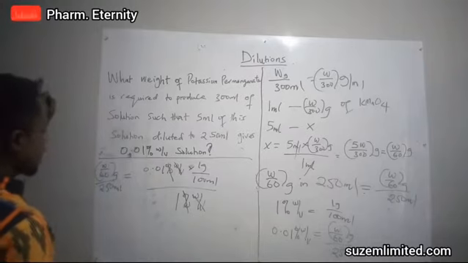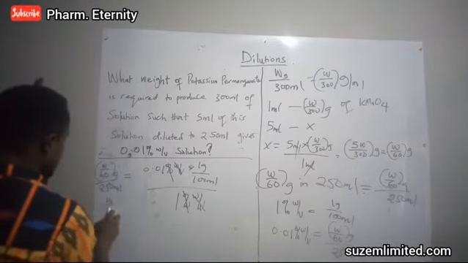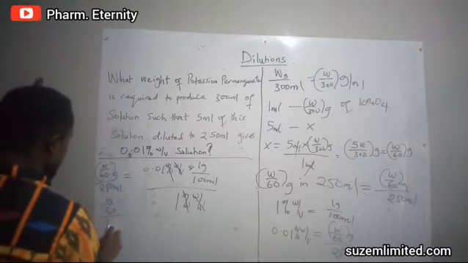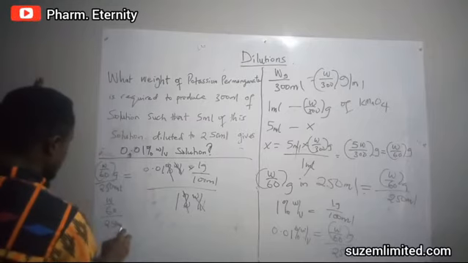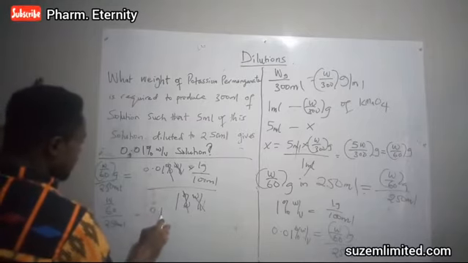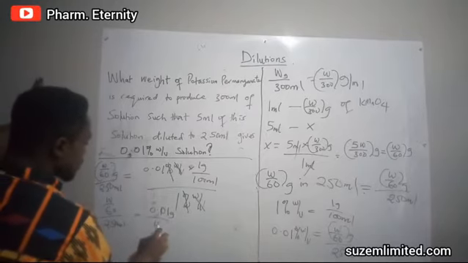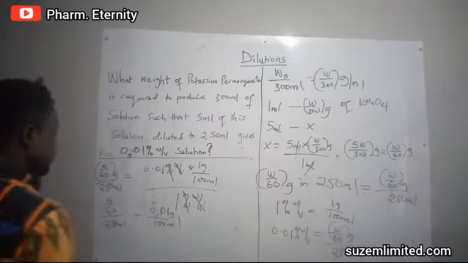So what will happen next? We now have something like this. W over 60 all over 250 mL is equal to 0.01 gram all over 100 mL.